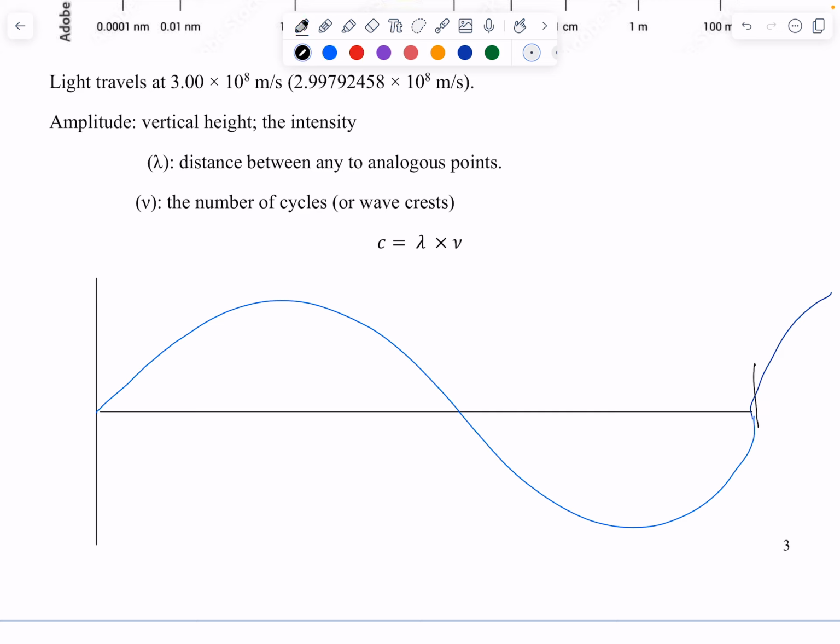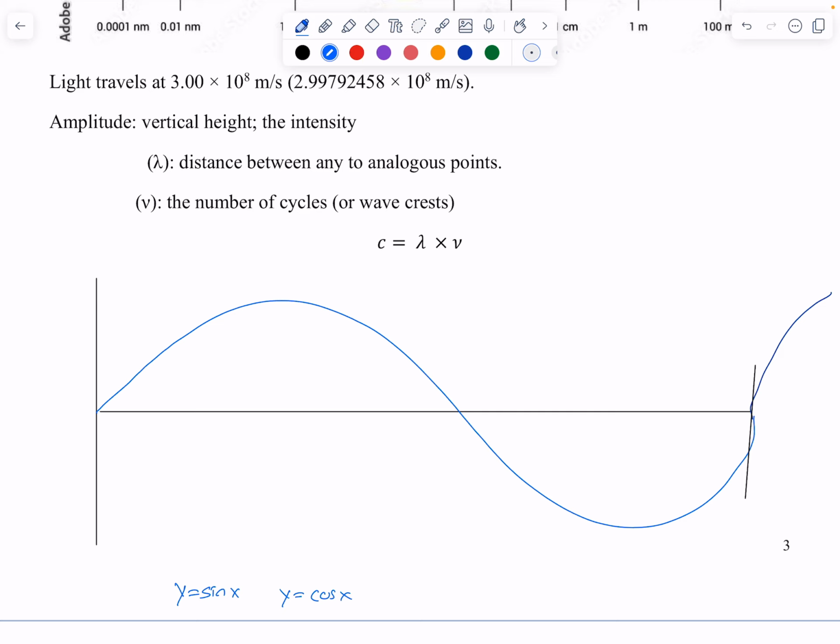Right here, where that wave ends, that's the length of the wave. If you remember math class, like y equals sine x or y equals cosine x, you graph those on your calculator. If you played with those before, that's what we're talking about. That's a wave.